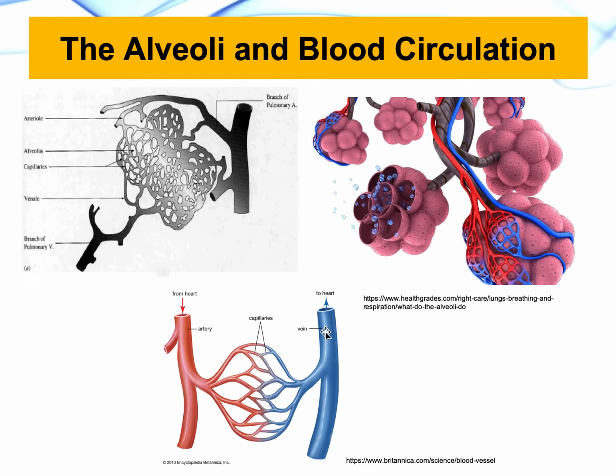As we mentioned, the air sacs will have a high pressure of O2 and low pressure of CO2, so oxygen will diffuse inside the capillaries, and carbon dioxide will diffuse outside of the capillaries into the air sacs, outside the body.